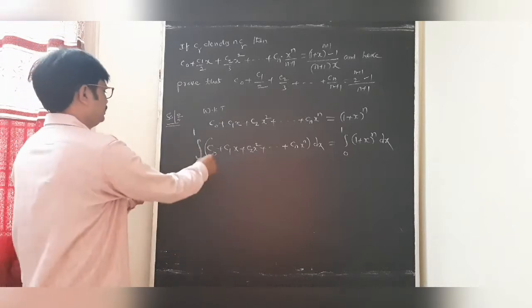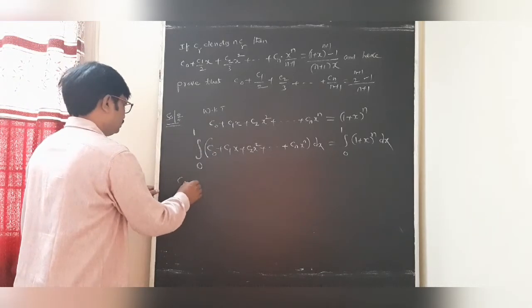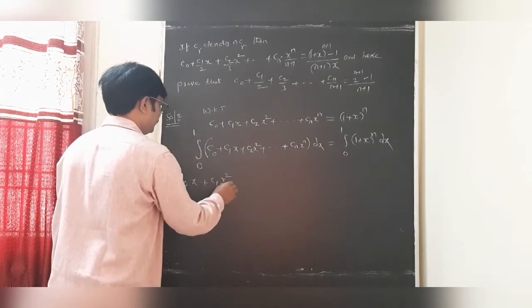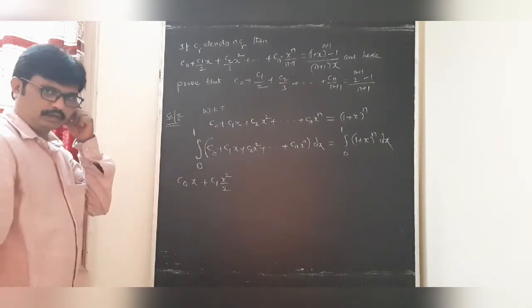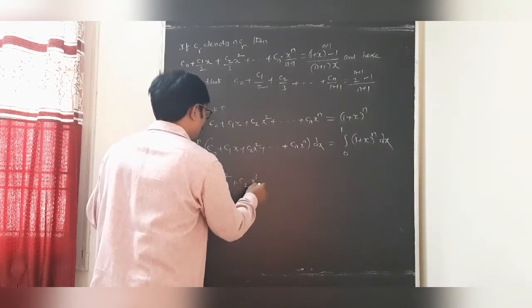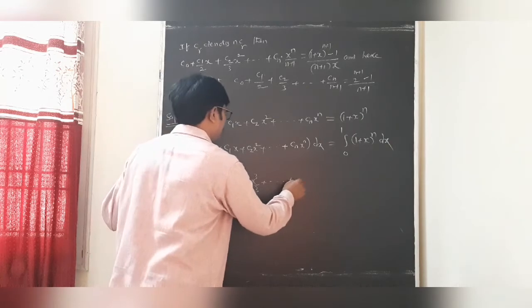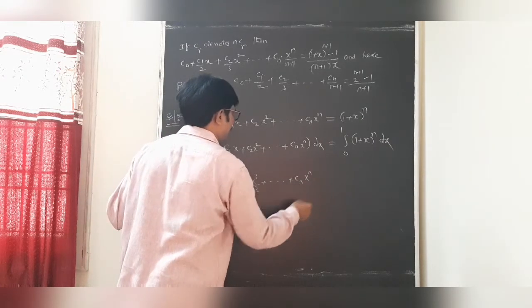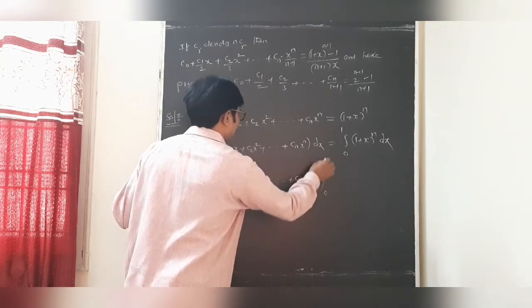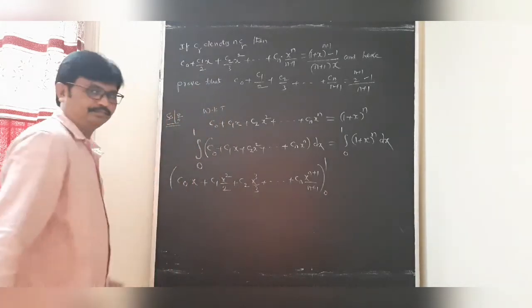Here we can observe C0 times 1 dx is x, after that C1 x² by 2, after that C2 x³ by 3, and Cn x^(n+1) upon n + 1, with limits 0 to 1.